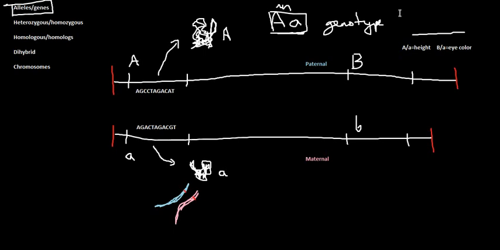So in this case, we have two different genes, and two different kinds of alleles for each gene. For this individual, we have a big A, little a genotype for height, and for eye color, we have big B, little b.